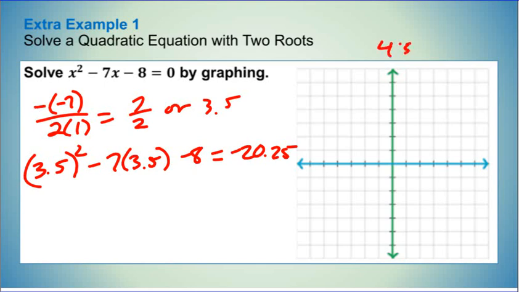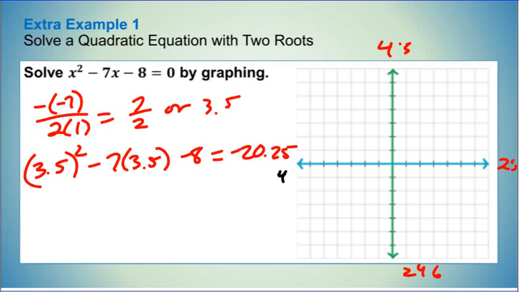Now to put that on my coordinate plane, I'm going to count by 4s for my y-axis, and I'm going to count by 2s for my x-axis. So I need to go 3.5. So this is 2, and this is 4 and 6, I would have a point roughly, let me label my y's.